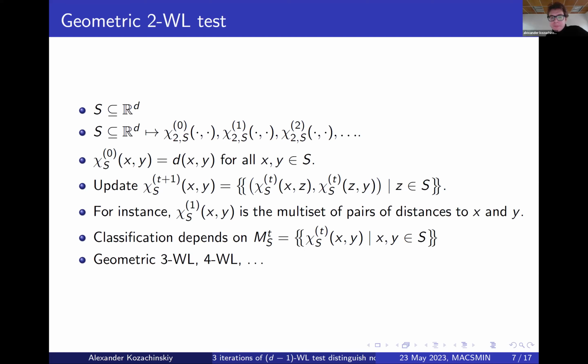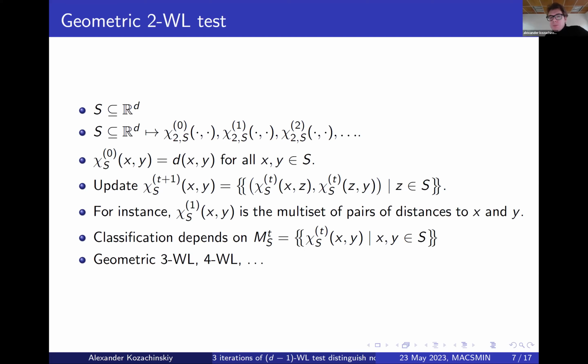So given X and Y, now I go through all points Z in my set, and I remember the label of this Z with X and of this Z with Y. And I remember the pair of these labelings, and then I take this multiset.